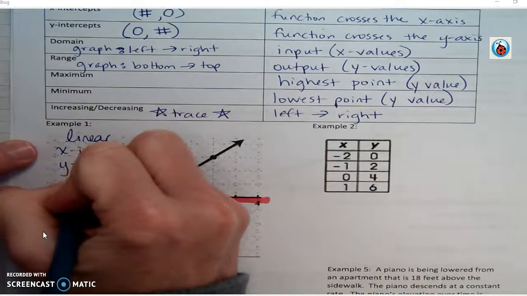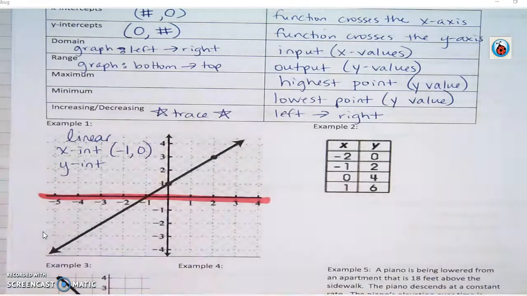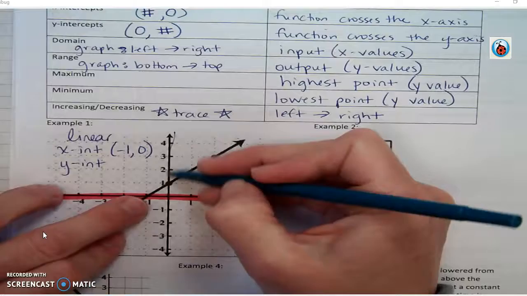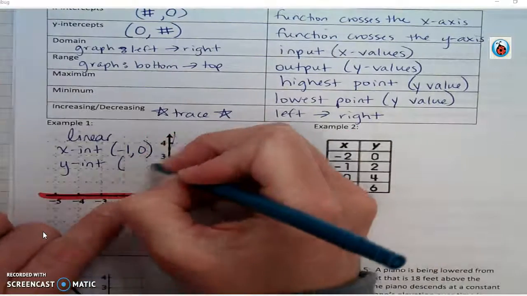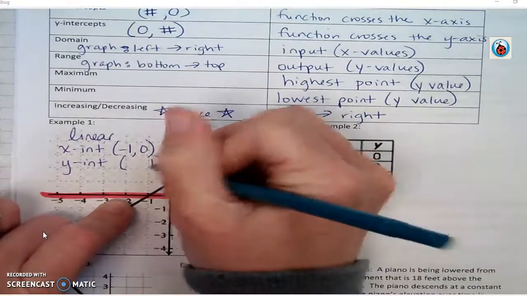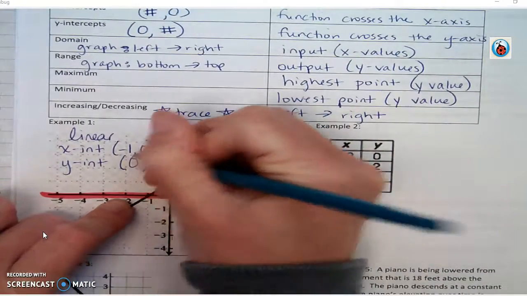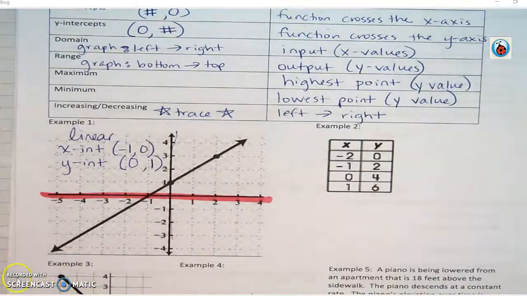The y-intercept is going to be where it crosses the y-axis. And it crosses the y-axis right here at +1, and that goes in the y value spot, which is going to have a 0 in the front.